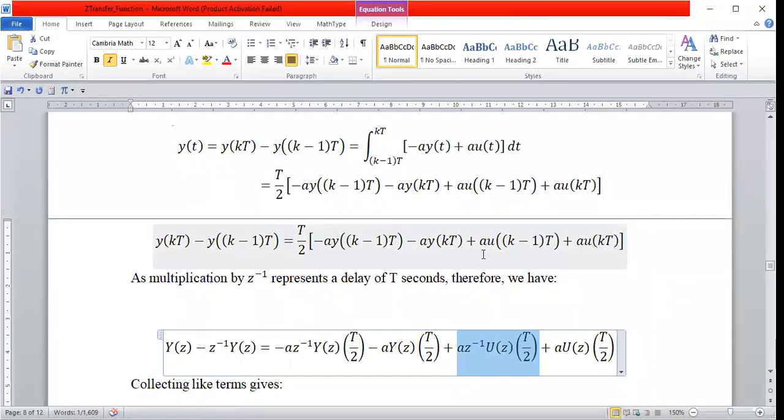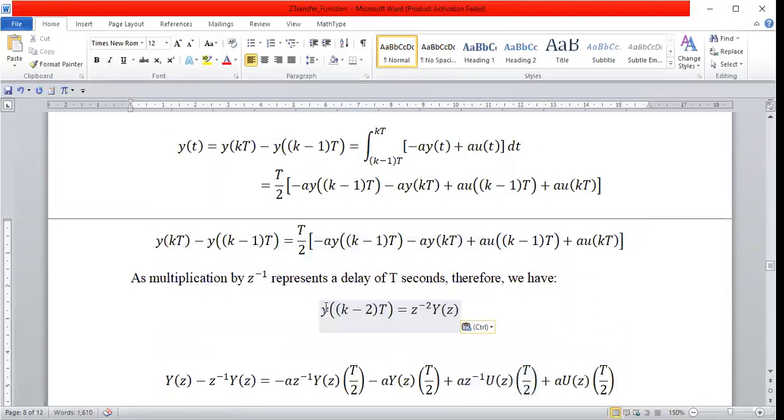So I've already explained how to get from the time domain to the z domain. So let me just explain it again. If we have u(k-1), the inverse z transform is this.